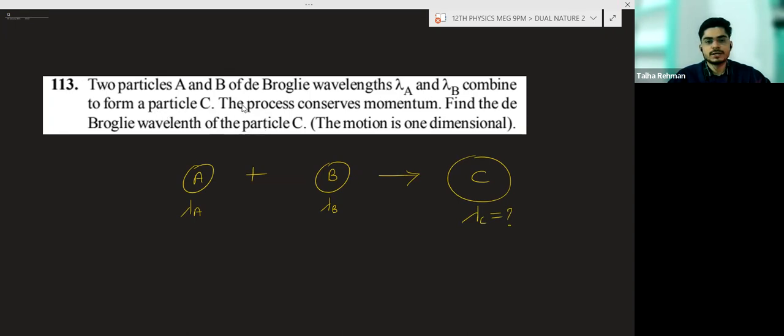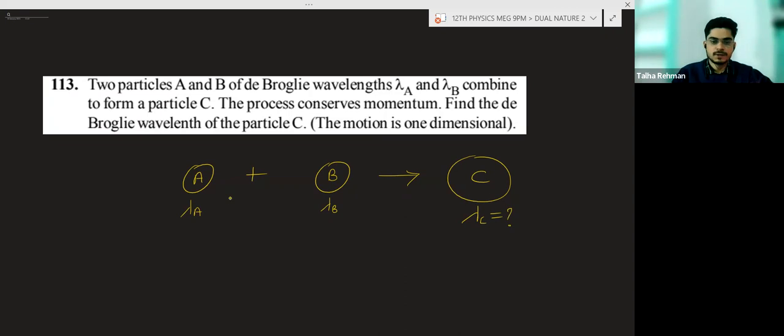So combined to form a particle, the process conserves the momentum. So during this process, the momentum is the same. Before the collision, these particles will combine.